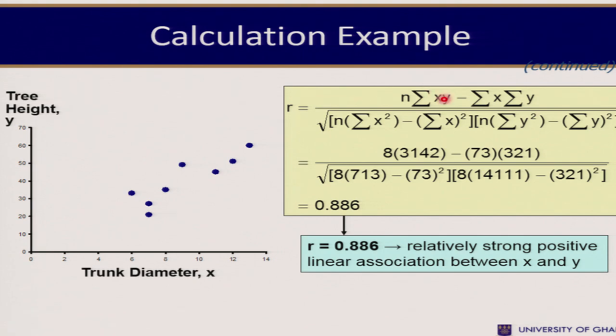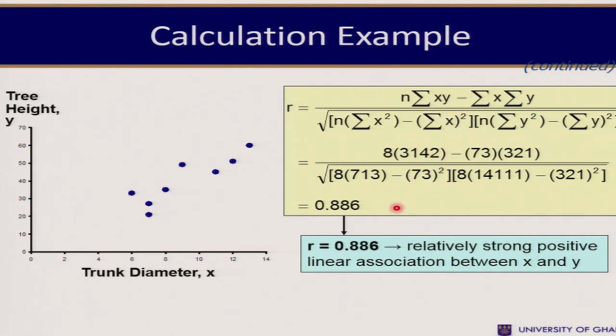So our sigma xy is 3,142 times n, minus our sigma x, that is summation of x giving us 73, times that of y giving us 321, all over the square root of the sample size of 8 times sigma x squared, that is 713, minus sigma x all squared.